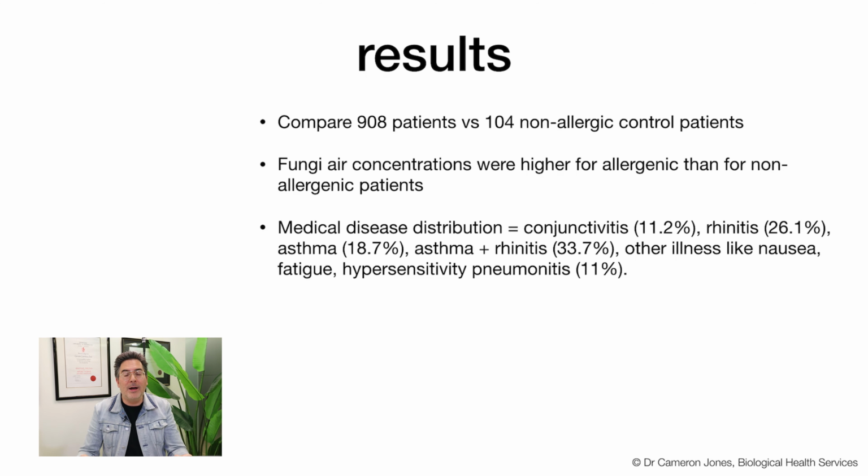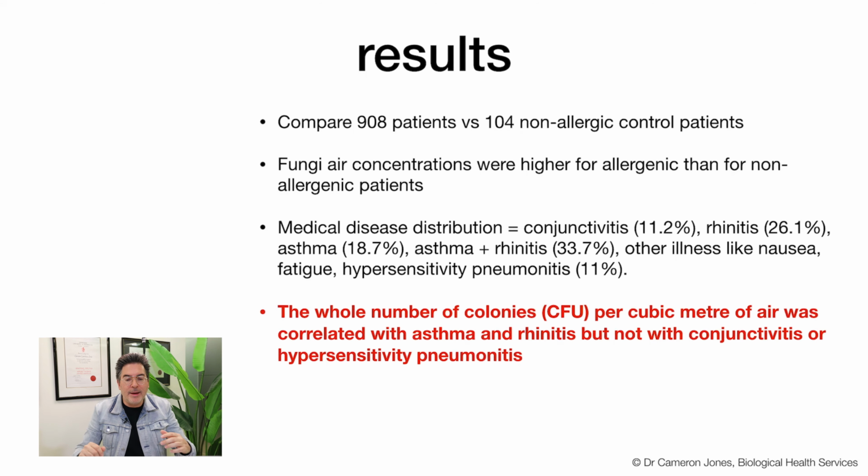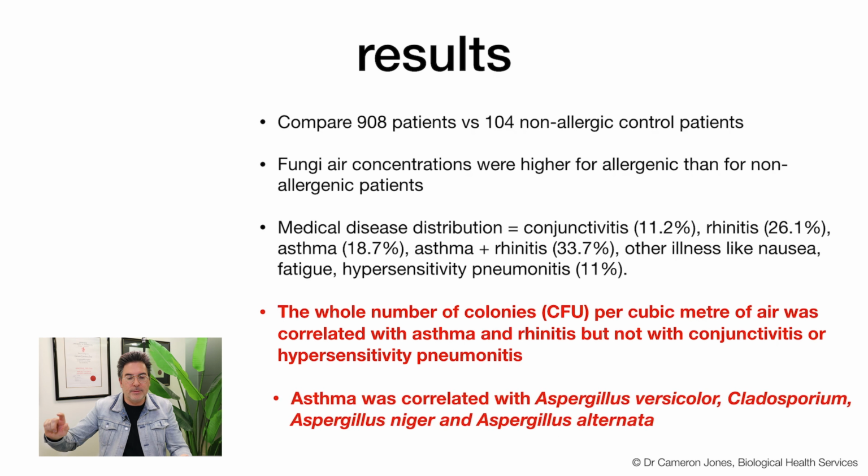The key takeaway is that the whole number of colonies, that is all of the colonies that are capable of growing during the sampling period in the location, are able to be correlated with asthma and rhinitis. So they're the two key symptoms that are clearly linked with exposure to mold above 1,000 colony forming units. The scientists did not discover a strong link with conjunctivitis or hypersensitivity pneumonitis.